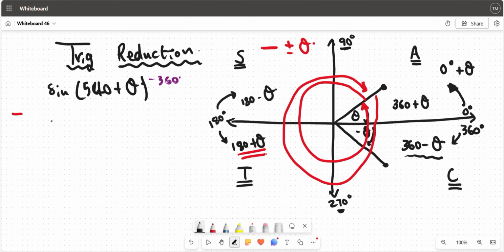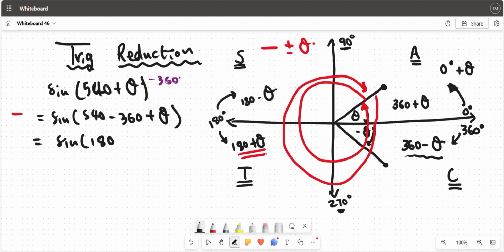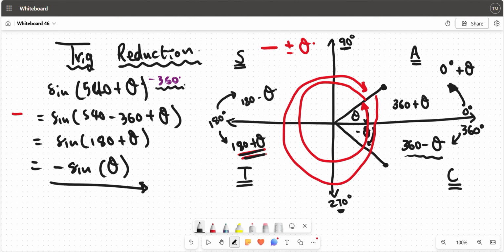Let me show the calculation of how we get there. This will be sine of 540 minus 360, and I still have my plus theta there. And 540 minus 360 is just 180. So now that it looks like that, 180 plus puts sine in this quadrant, and sine in that quadrant is negative. Again, that is just a useful way of reducing these by adding or subtracting 360.